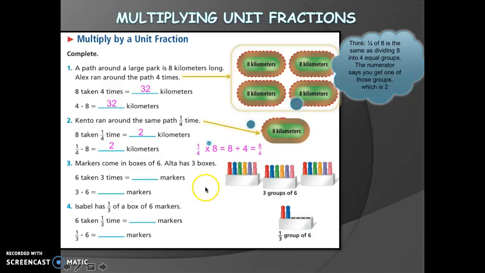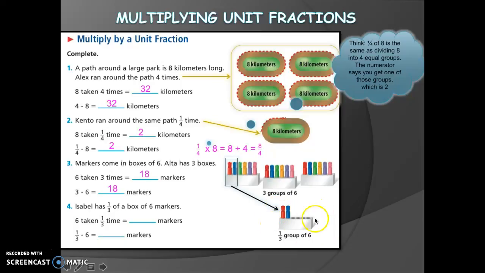Let's look at another example. Markers come in boxes of 6, and Alta has 3 boxes. So all together, 3 groups of 6, or 3 times 6, is 18 markers. Now Isabel has 1/3 of a box of 6 markers.